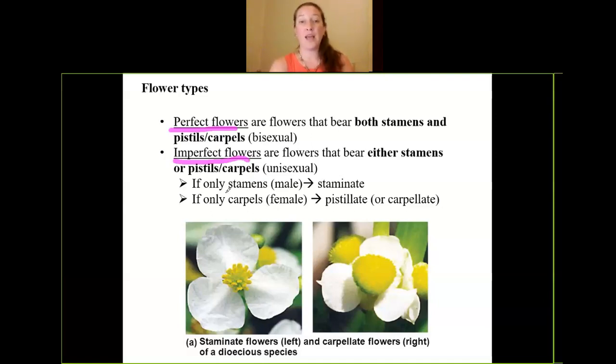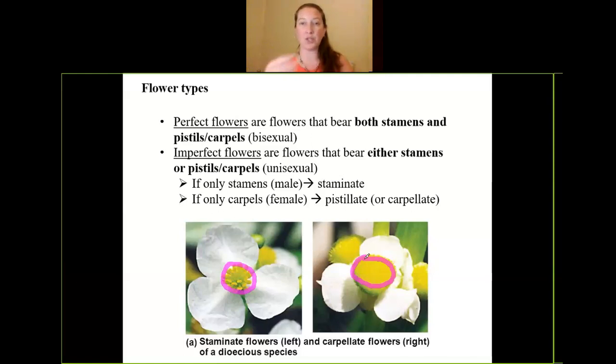If the flower only has stamens, we can call the flower staminate. If the flower only has carpels, we call it pistillate or carpellate. So in the bottom here, these are 2 flowers from the same species. However, this flower here only has stamens, whereas this flower here only has pistil or carpels and no stamens.